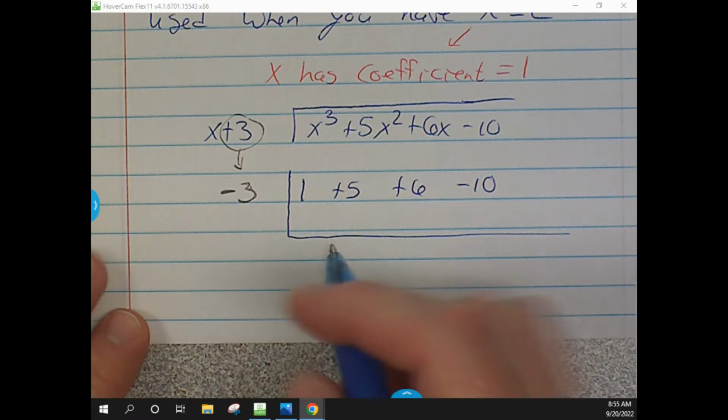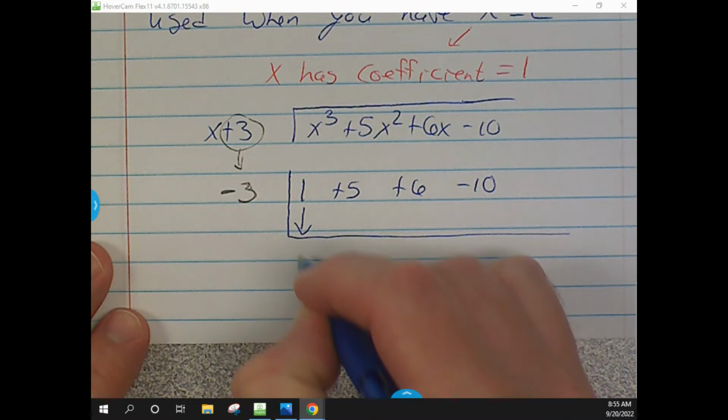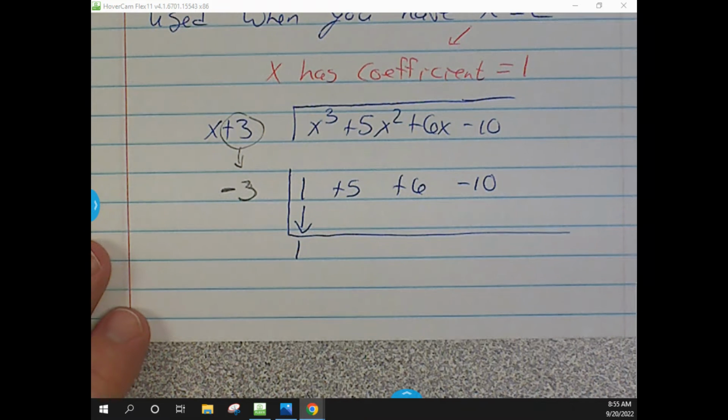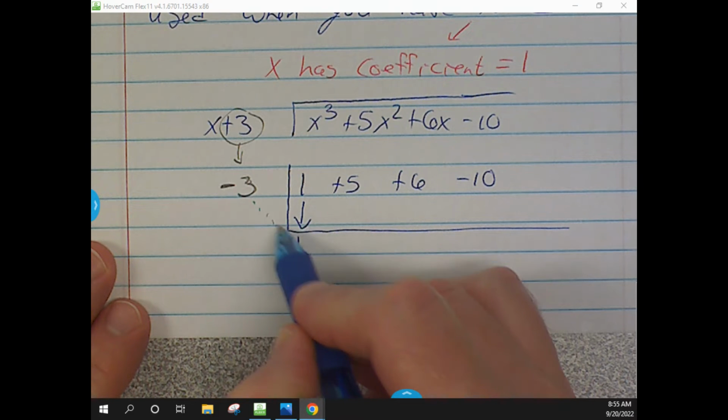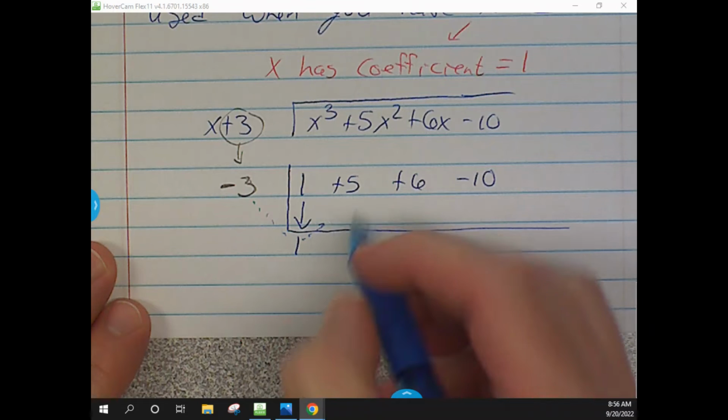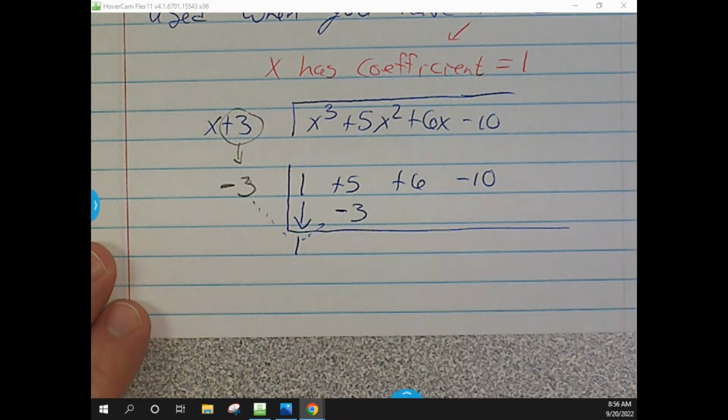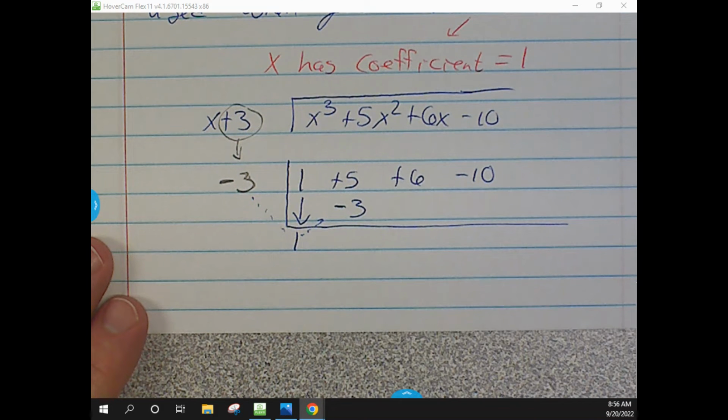Okay, so the very first thing is you're going to take the first coefficient you have here, put it down below the division bar, and that one's going to kick everything off. And then from here, we're just going to multiply negative 3 times 1, and that answer is going to go right there. Okay.